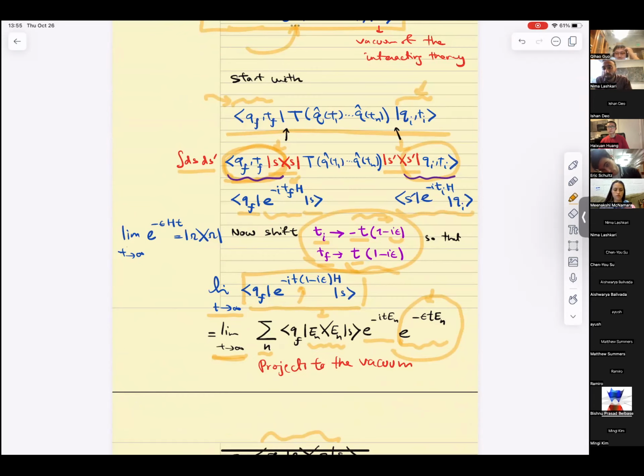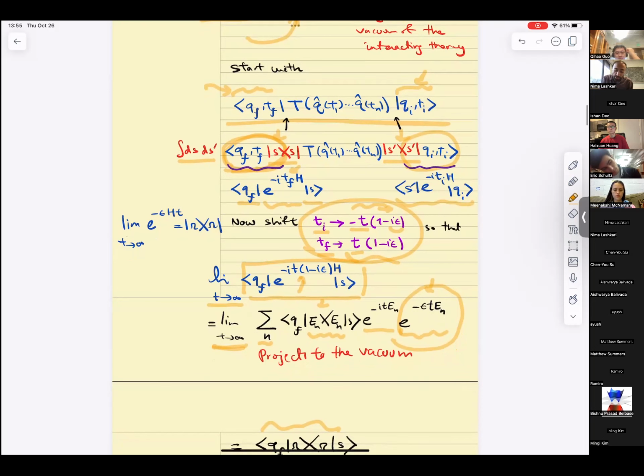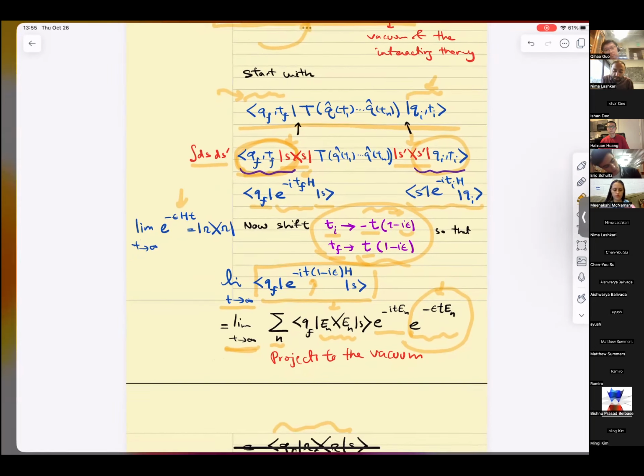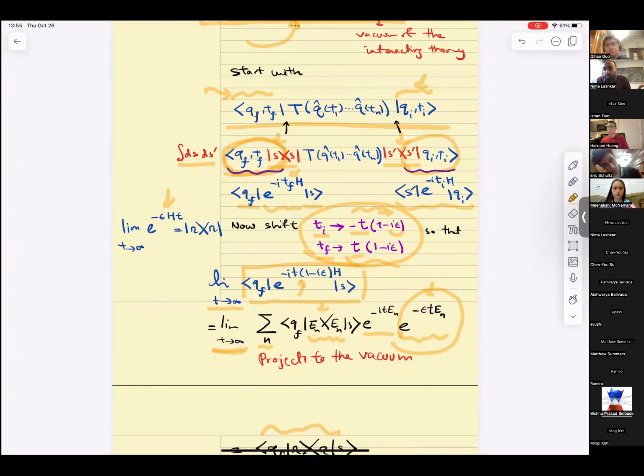That's a little bit more complicated. Here, what I'm talking about is the vacuum of the interacting theory, because it's the Hamiltonian of the interacting theory. As a matter of fact, for any positive operator you put in here, this projects to the vacuum subspace of it. That's just what it does.